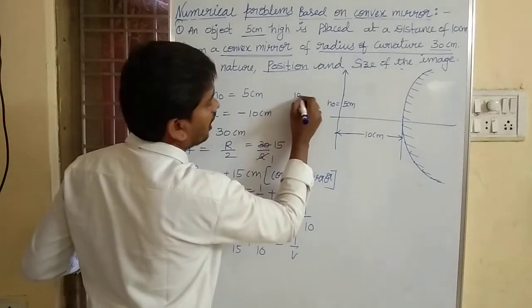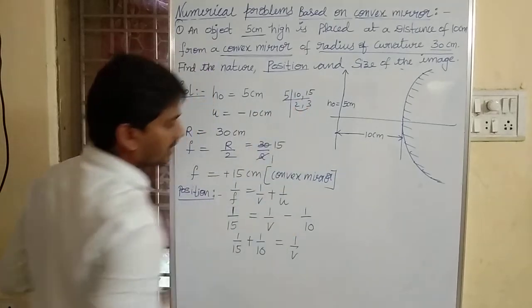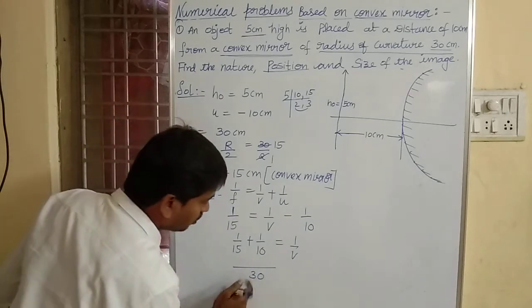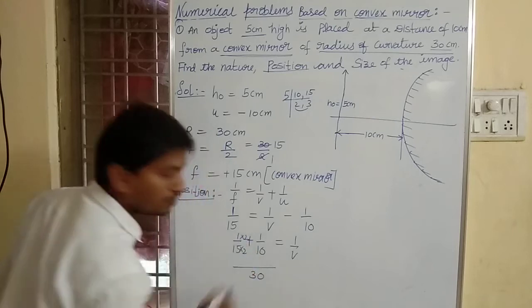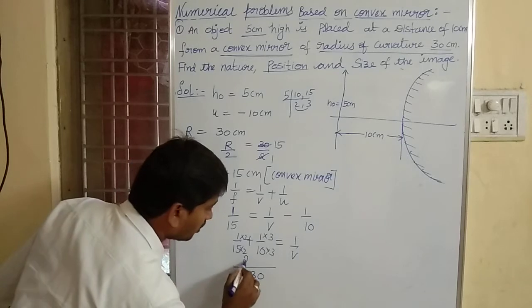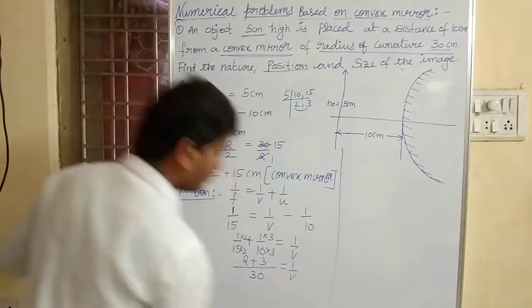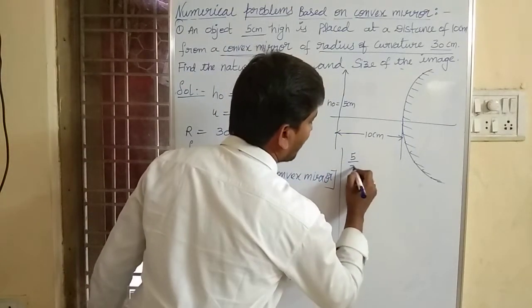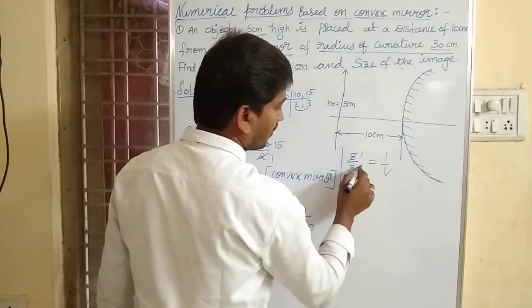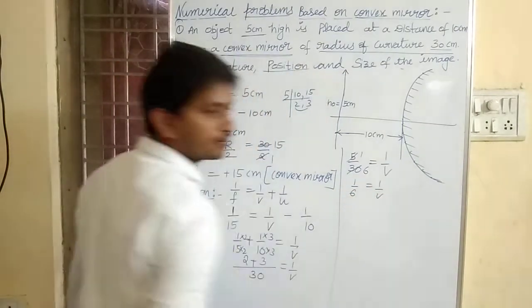What is the LCM of 10 and 15? 5 twos are 10, 5 threes are 15, 2 threes are 6, 6 fives are 30. So our LCM is 30. 15 twos are 30, so 2; 10 threes are 30, so 3. That gives 2 plus 3, 5 by 30 equal to 1 by v. 5 ones are 5, 5 sixes are 30, so 1 by 6 equal to 1 by v.